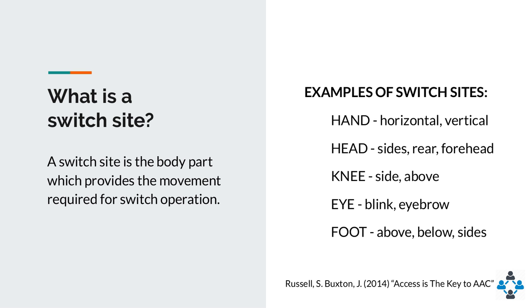Here are some examples of switch sites: the hand, head, knee, eye, and foot. And I've heard that it can be wise to start from the top of this list because it is most common for us to use our hands to do things, and each one presents certain pros and cons.